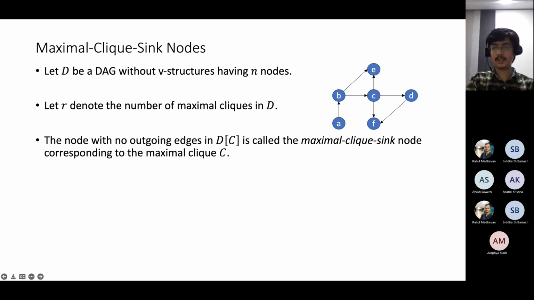For example, if we consider the MEC and change the direction of this edge B to A, then A would be a sink node, and A is not a sink node in this particular DAG. So effectively, the maximal cliques are exactly the same, but sink nodes depend on the actual DAG, because they depend on the directions: the node with no outgoing edges.